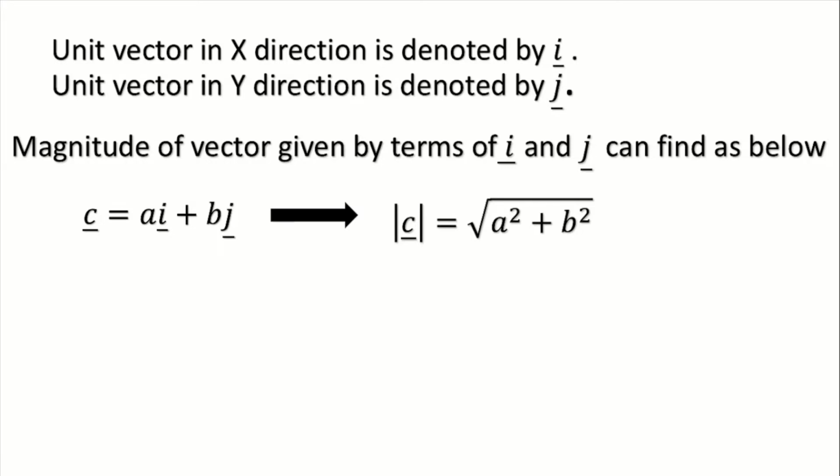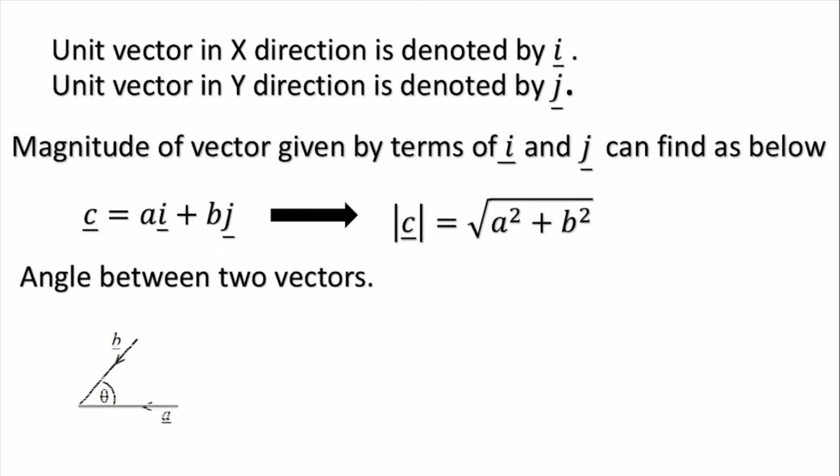Then we are going to talk about the angle between two vectors. The angle between two vectors is important when we are applying the dot product. We are going to talk about the dot product next. This angle is very important when we use the dot product. The angle between two vectors is defined as follows.